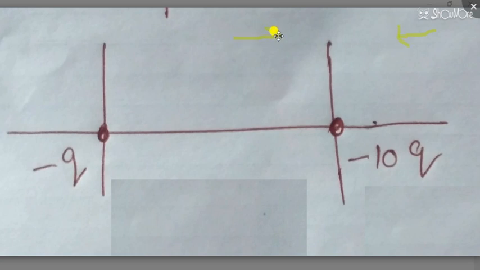That means the electric field will be like this: it is negative, so it starts from below the point and decreases. Then in positive, it starts from upper, and if I redraw it, you can say it is in this way.